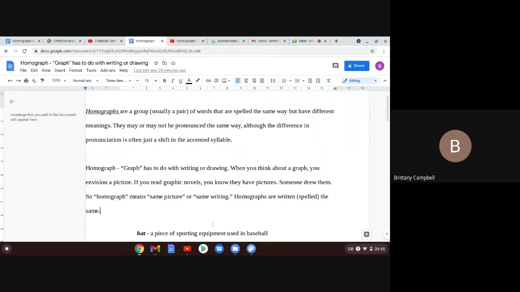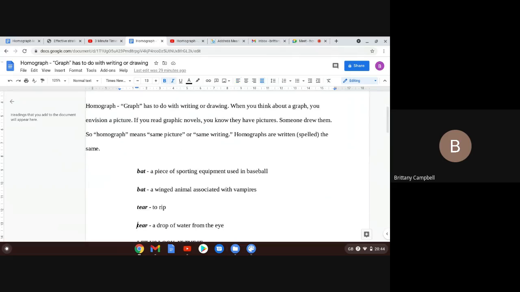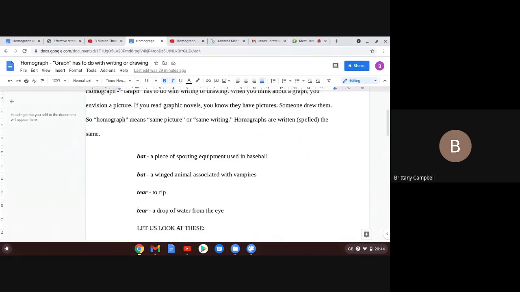Let's look at some examples. The first one, bat, B-A-T, and a possible meaning. If you realize, they actually spell the same way, yes, but have different meanings. Let me highlight this as an example. For bat, it says a piece of sporting equipment used in baseball.